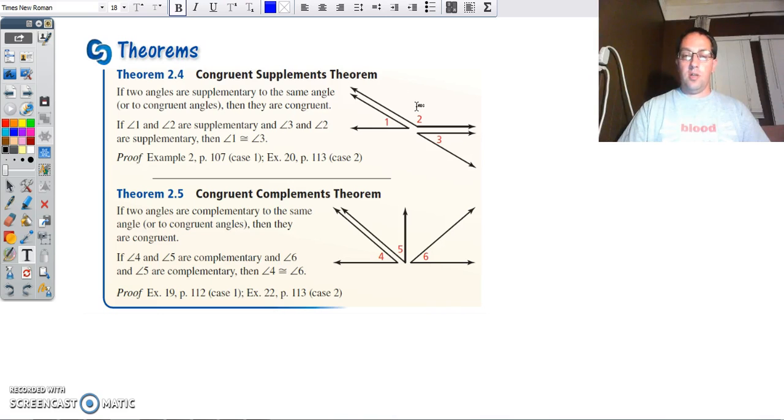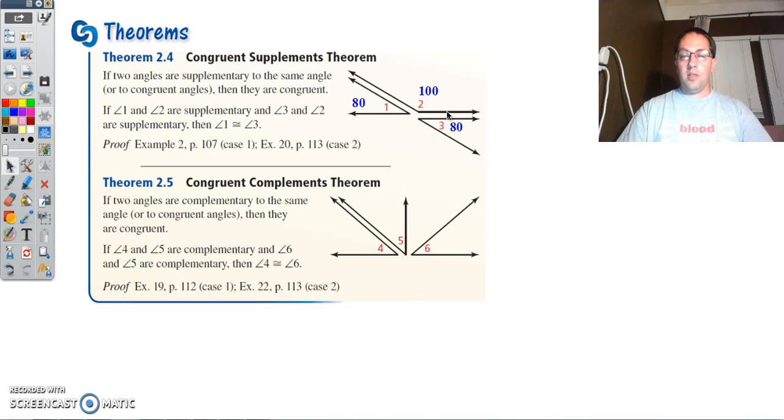If angle 2 is 100 degrees, and angle 1 is supplementary to angle 2, then angle 1 must be 80 degrees, because that adds up to 180, definition of supplementary. Well, if angle 3 is also supplementary to angle 2, then angle 3 must also be 80 degrees. And as we see from this, angle 1 and angle 3 are congruent. And so that's what this is saying here.